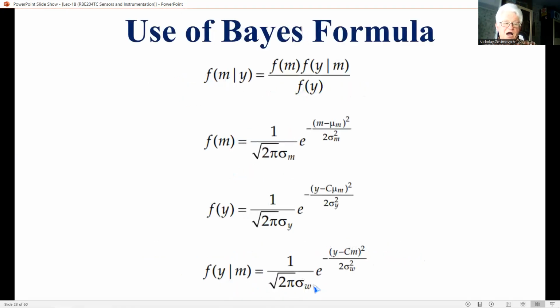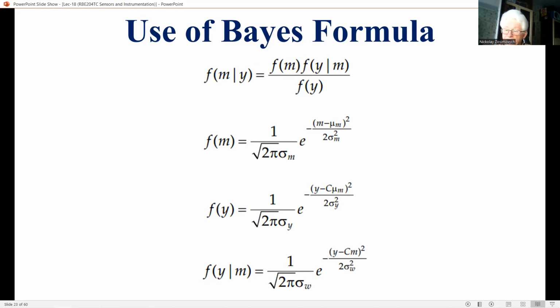In deriving the algorithm of the scalar static Kalman filter, we now restate the Bayes formula as the first equation here. According to one of our assumptions, all the PDFs in this equation are Gaussian.